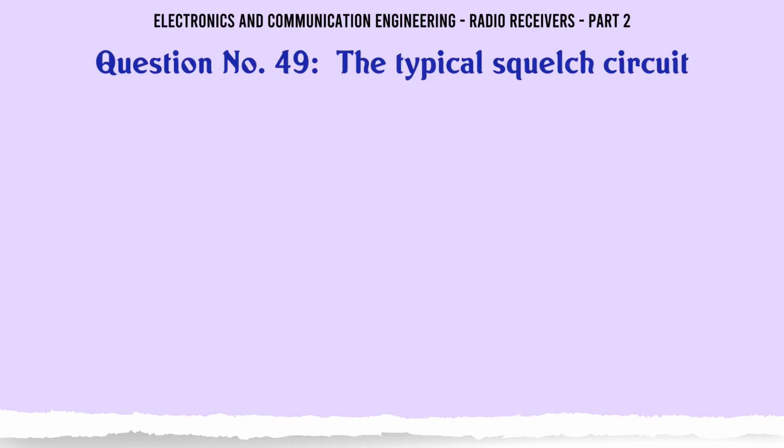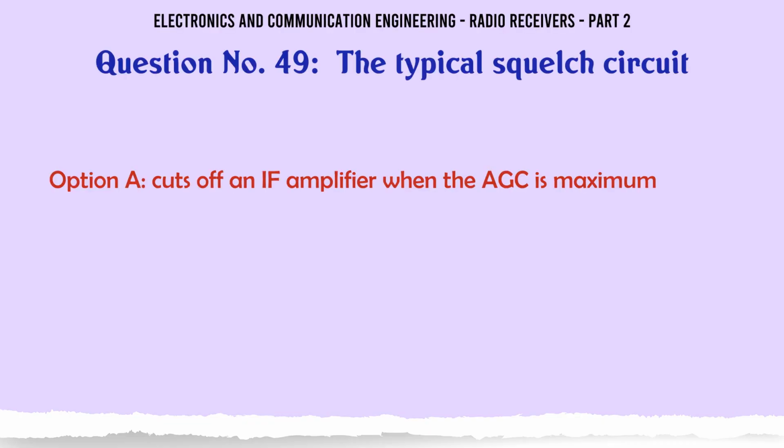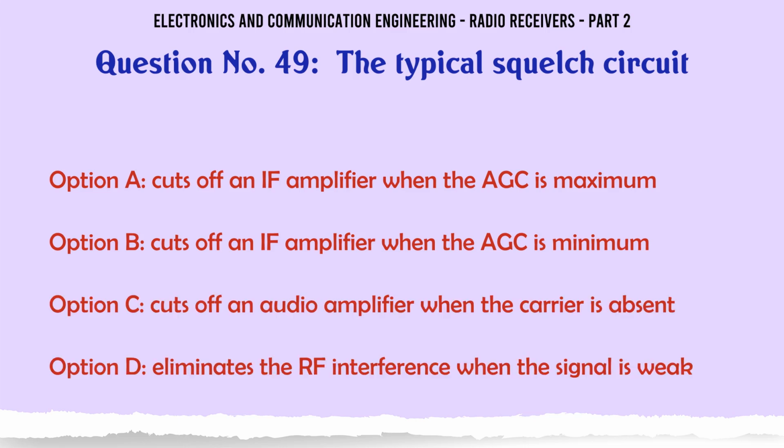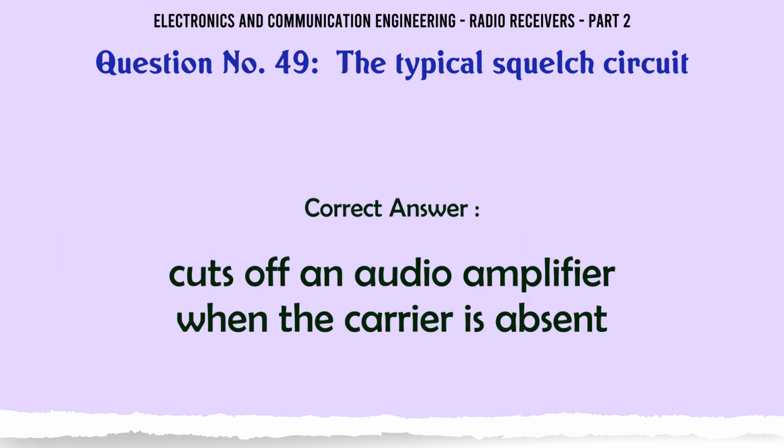The typical squelch circuit A. cuts off an IF amplifier when the AGC is maximum, B. cuts off an IF amplifier when the AGC is minimum, C. cuts off an audio amplifier when the carrier is absent, D. eliminates the RF interference when the signal is weak. The correct answer is cuts off an audio amplifier when the carrier is absent.